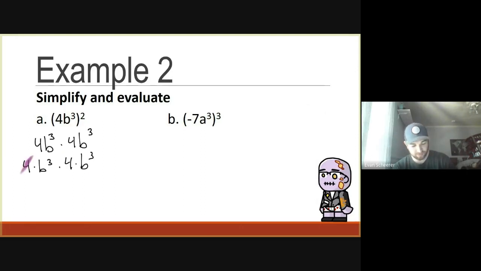We have some similarities here: 4 times 4, so we put 16, and then b cubed and b cubed. B cubed times b cubed, like what we talked about, gives b to the 6th. You're seeing how we add the exponents when they're separate, right?